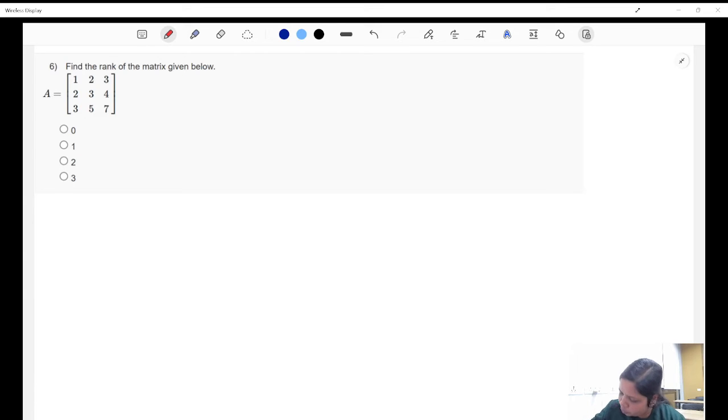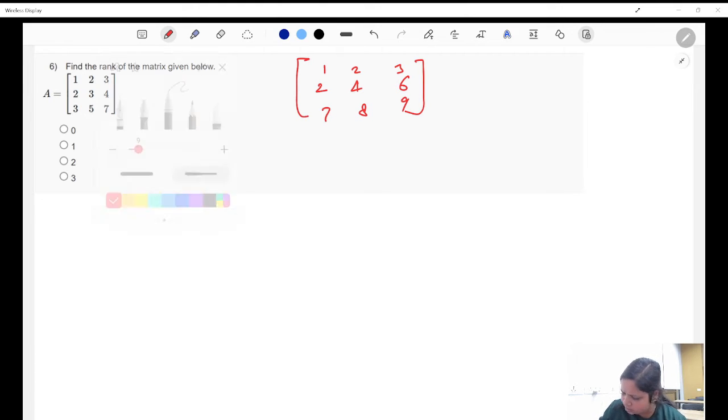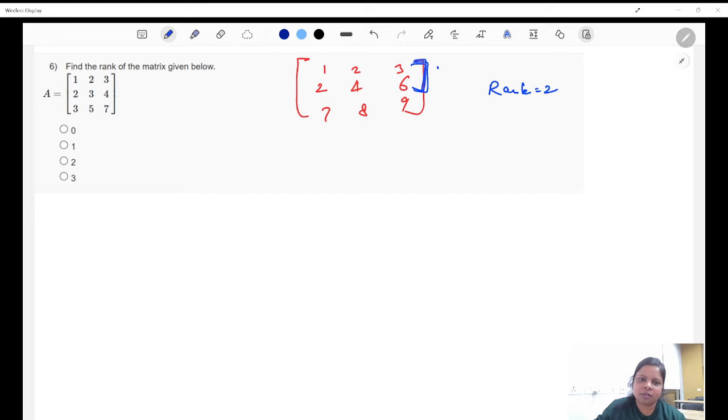For example, if I give you a matrix 1, 2, 3, 2, 4, 6, and let's say 7, 8, 9, then you can easily say that both of these rows are linearly dependent, so the rank is reduced by 1 and the rank of the matrix is 2. You will directly say this.